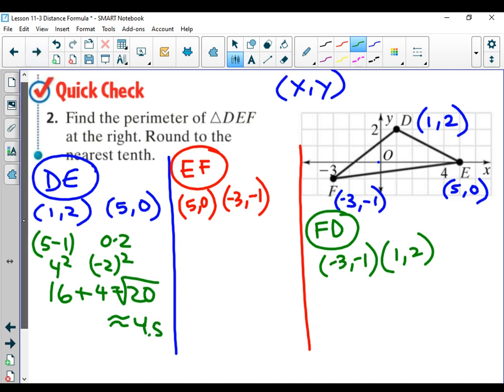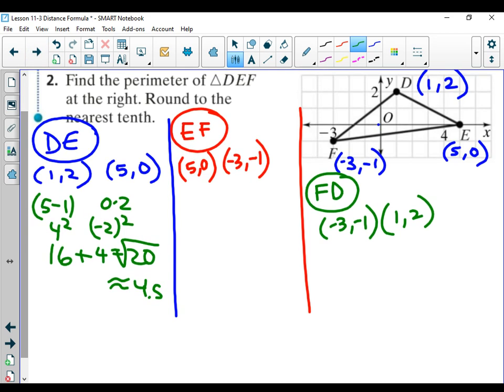So from D to E, I saw Maddie and Savannah both had 4.5. E to D or D to E. Do you have a box that has 4.5 in it? Speak now if you need help. E to D or D to E? Speak now if you don't have a box that has 4.5.